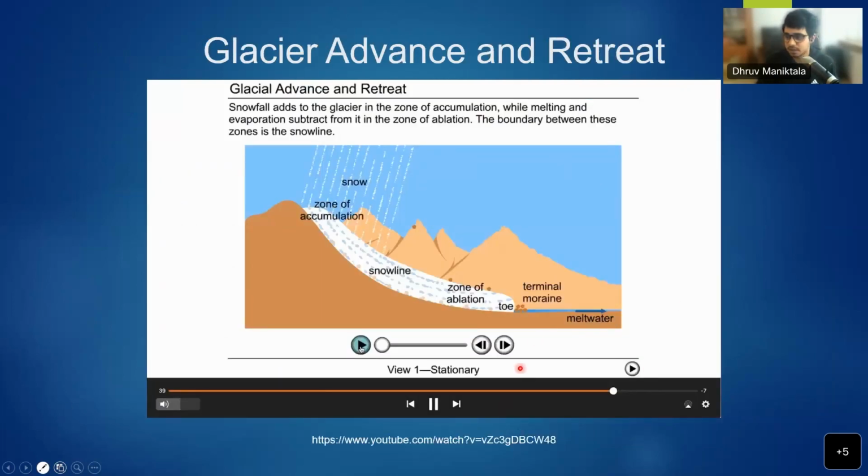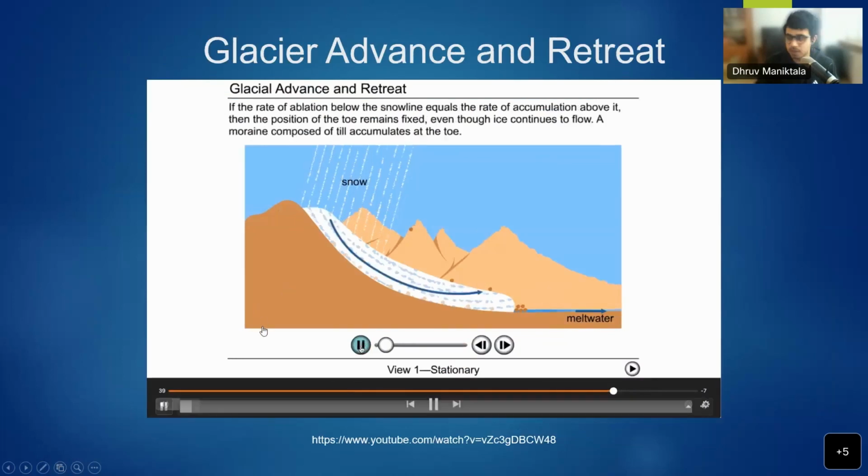And here we have a little video of the glacier advance and retreat, because when glaciers move, they can expand or become shorter depending on what is happening. Let's see if I can play this video somehow.